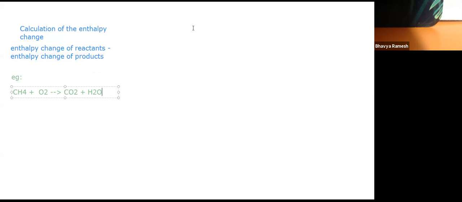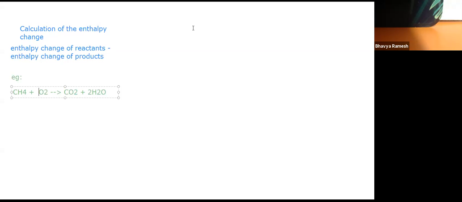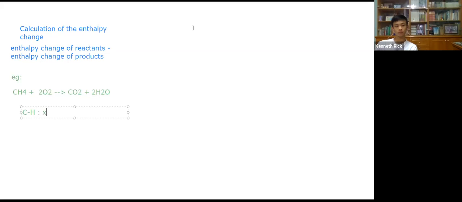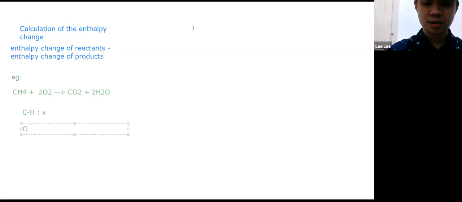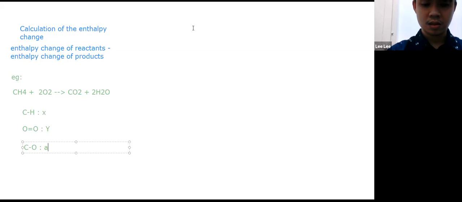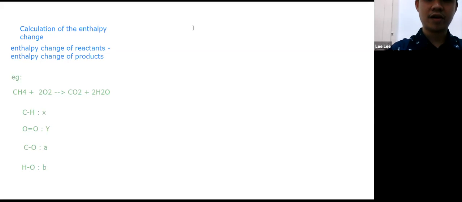Let's say the bond CH has the value X, the bond O=O is Y, C=O is A, and H-O is B. Before I calculate, I want to remind you again.